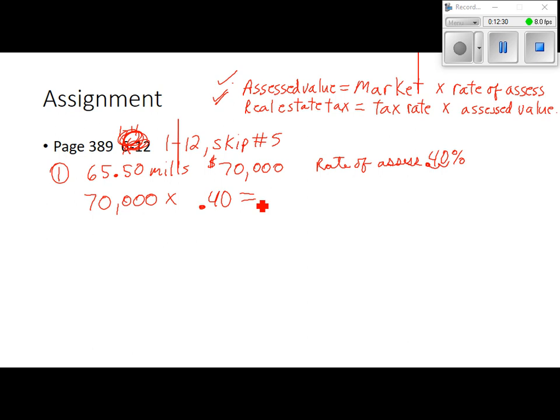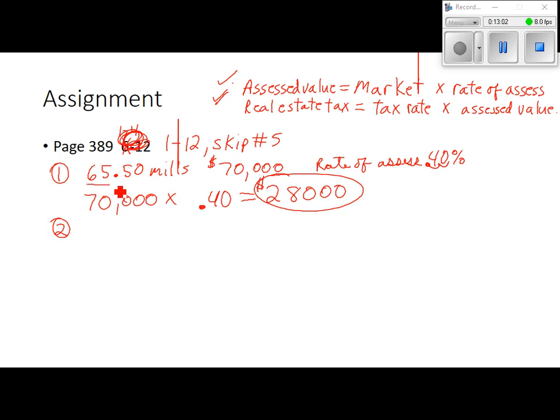Grab your calculator, 70,000 times 0.40, and that gives us 28,000. That's the assessed value, sort of what they're going to tax you on. That's the answer to number 1. Number 2 says find the tax rate as a decimal.